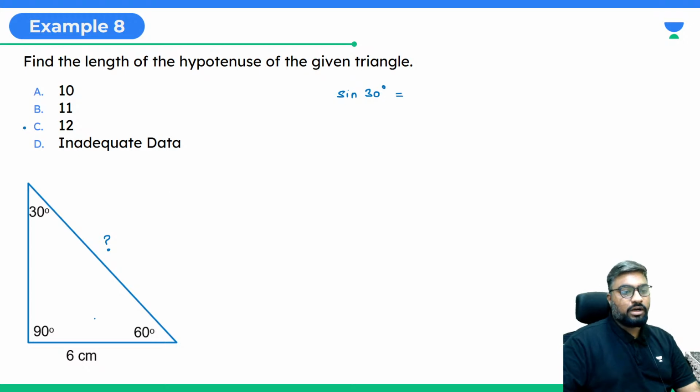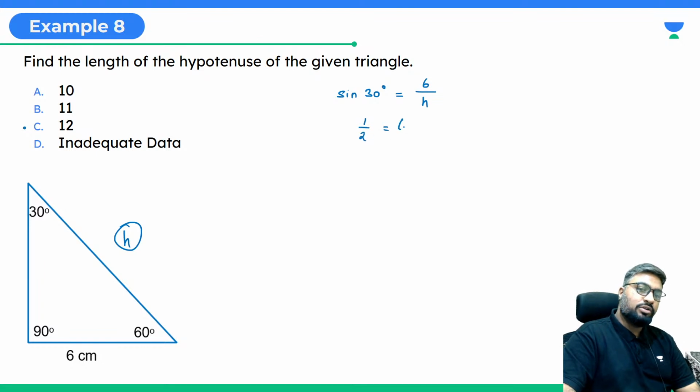Let's call this hypotenuse h. So sin 30 is going to be what? Opposite side by the hypotenuse. Sin 30 we know is 1 by 2. So 1 by 2 will be 6 by h. This basically means h will be 12 centimeter.